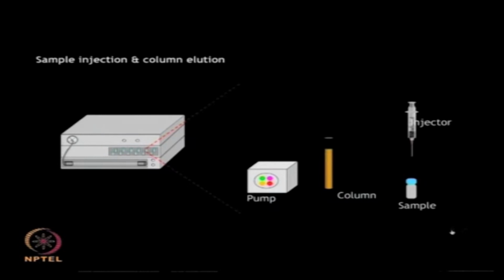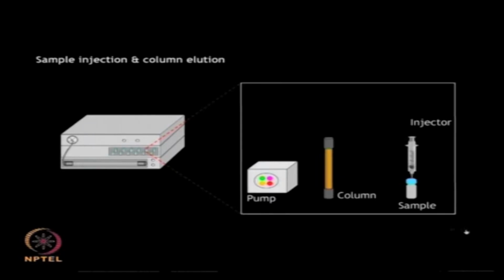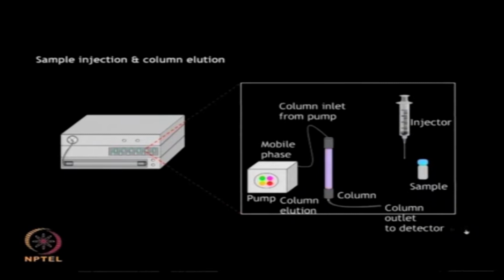The automatic sampler uses a syringe to inject the sample, which is placed in a vial, directly into the column. Once the sample is injected, the mobile phase flows into the column through the pump. The column consists of a stationary matrix that preferentially binds certain analytes. The outlet from the column enters the flow cell where it can be detected.